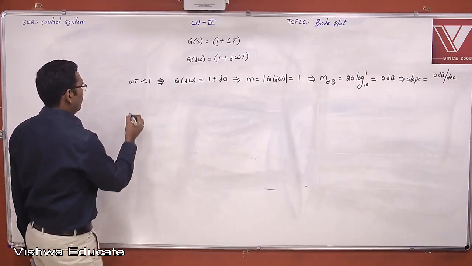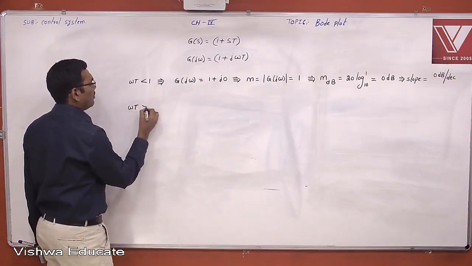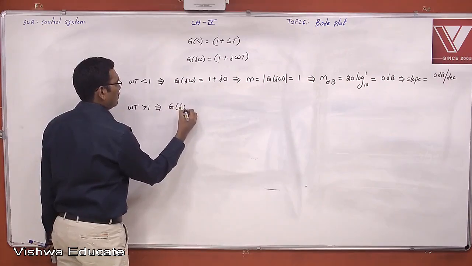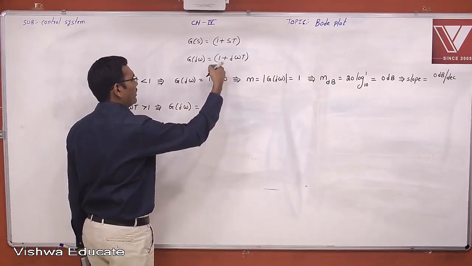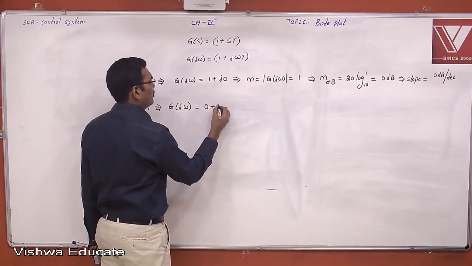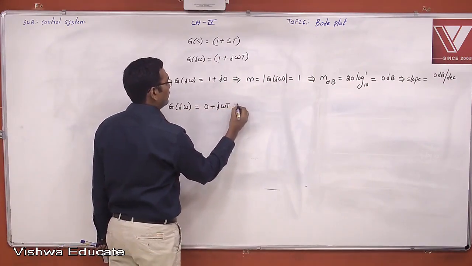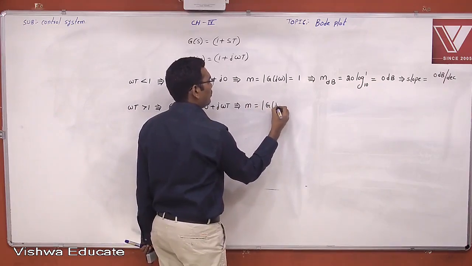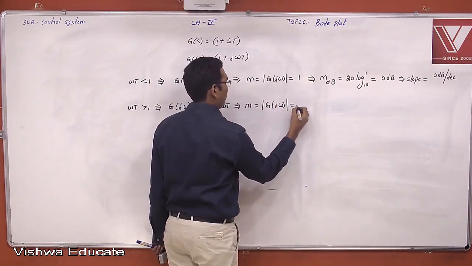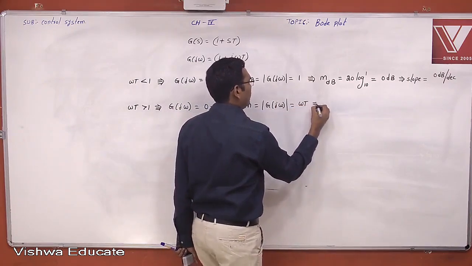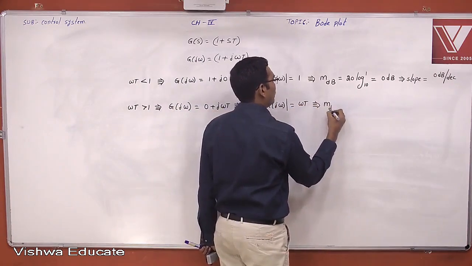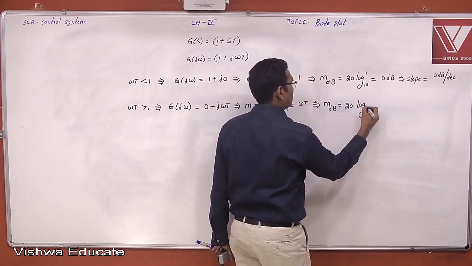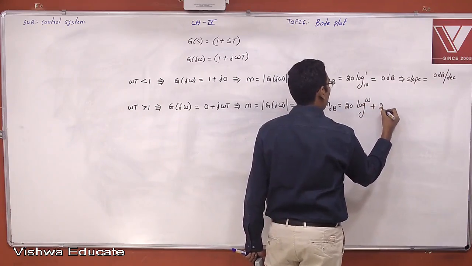Now similarly, when omega T is far greater than 1, G of j omega is equal to, neglecting 1, 0 plus j omega T, and the magnitude, which is square root of a square plus b square, is equal to omega T. Magnitude in terms of dB is equal to 20 log omega T, meaning log a plus log b.